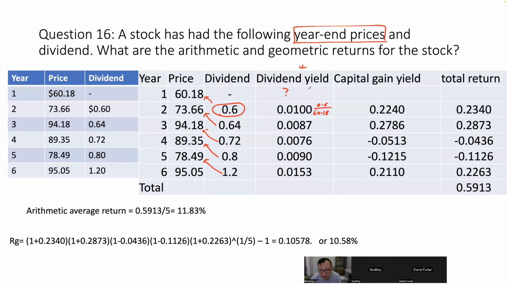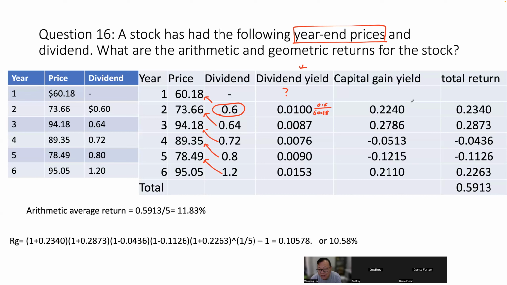Now I have calculated all the dividend yields. Now I need to capture the capital gain yield. How do you calculate the capital gain yield? You use the closing price minus the opening price, that's your capital gain, divided by the opening price.